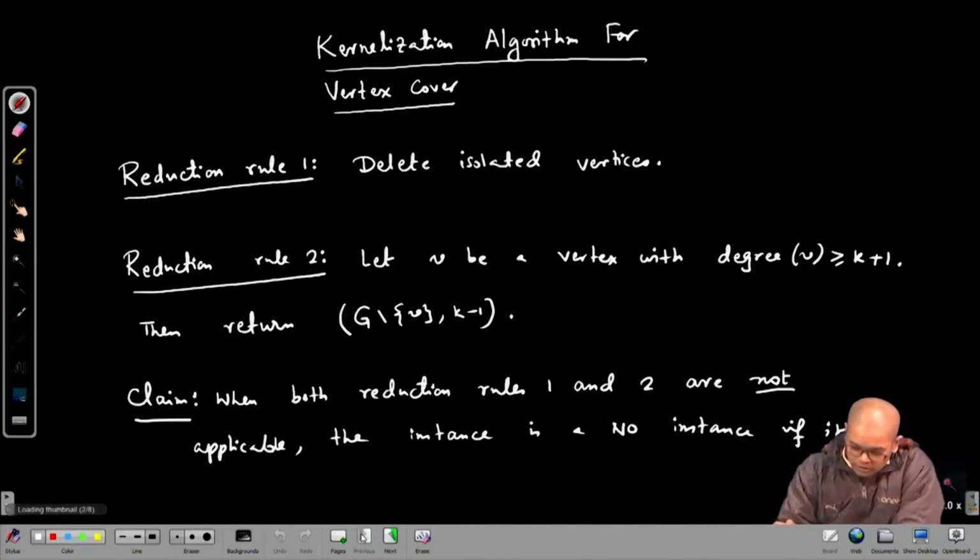Of course, if k becomes negative or 0 and there is some edge, then the instance is a no instance.